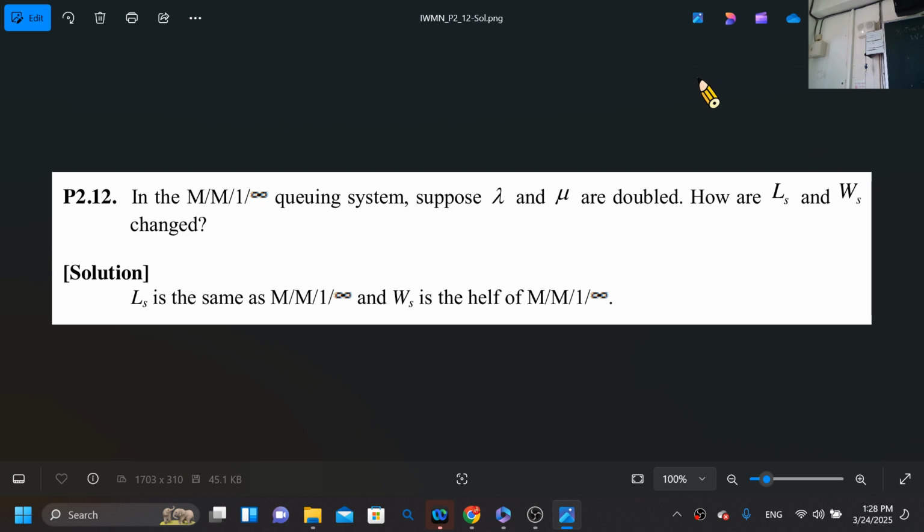If we double both, then they cancel, so system length stays the same. Time is different, because we don't have the rate in the numerator, so it is halved, and we will have the original time. You can check the formula.